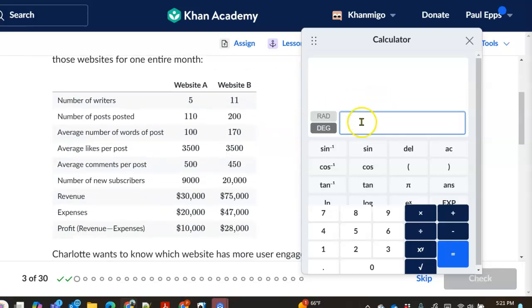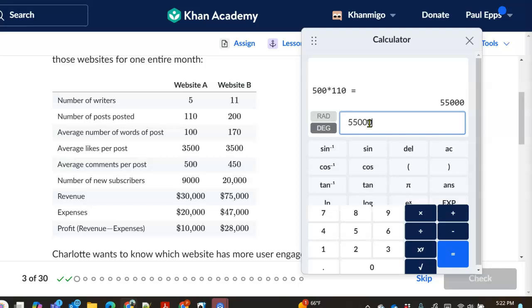All right, on website A, the total number of comments is 500 times 110. And we can divide that by the expenses. She's just dividing it by expenses.